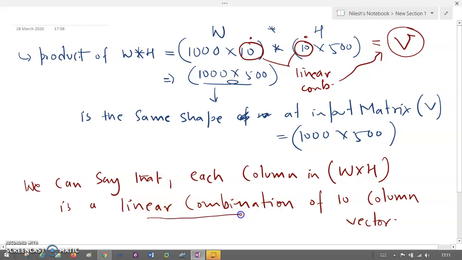And I think you can draw something out from this. So this is the linear combination of 10 column vectors.